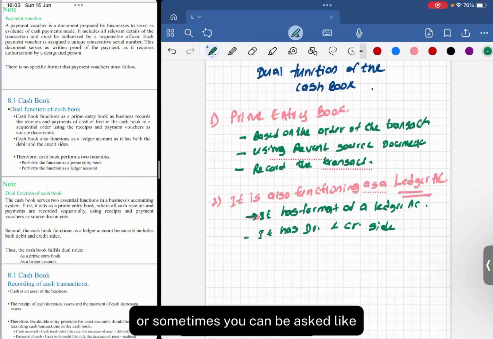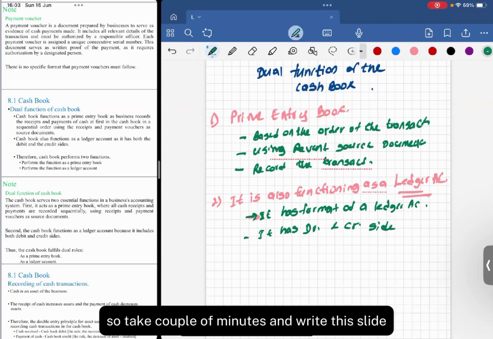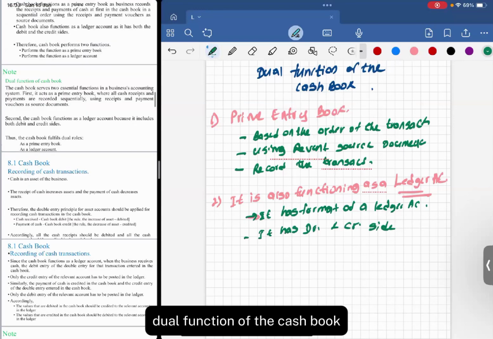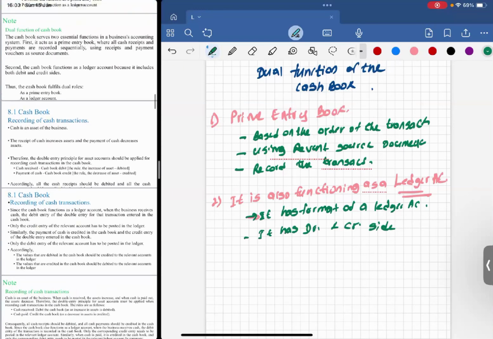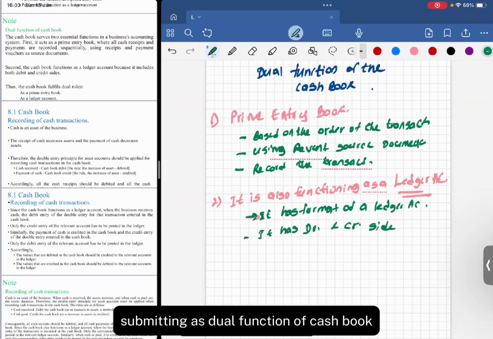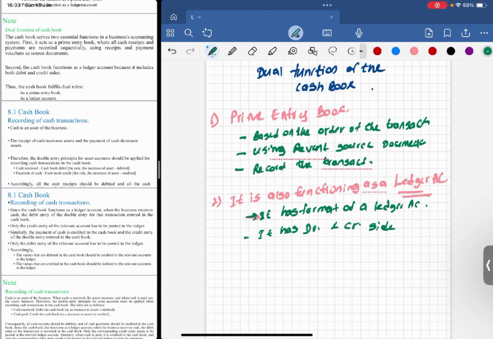Or sometimes you can be asked, the cash book is doing dual functions, what are these two? Likewise, it could be questioned. Okay, so take a couple of minutes and write this slide, the dual function of the cash book. Write the subheading as dual function of cash book and then write it.